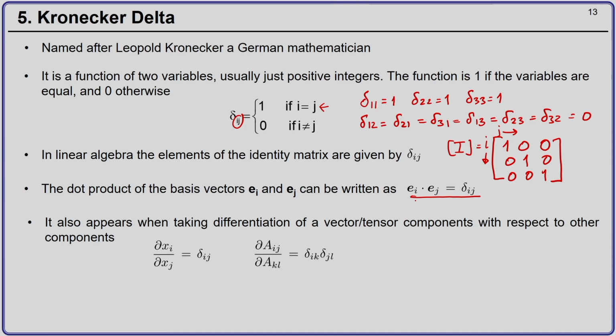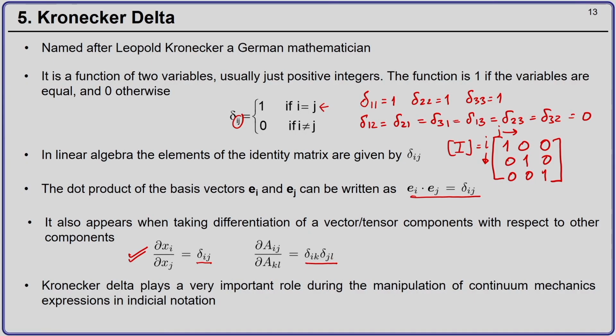The other place where it appears is when you are differentiating a vector or a tensor with respect to its own components. For example, del xi by del xj can be written as delta ij. If you have a second order tensor, or rank 2 tensor, which has 2 indices, where aij corresponds to the ijth component of the tensor A, then del aij by del akl will be nothing but delta ik delta jl.